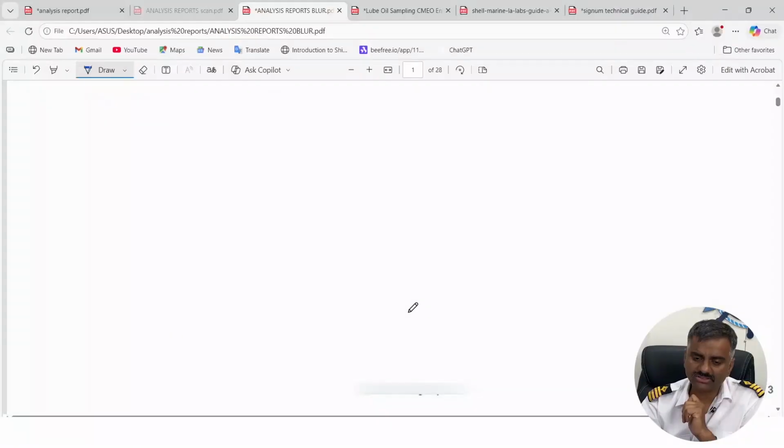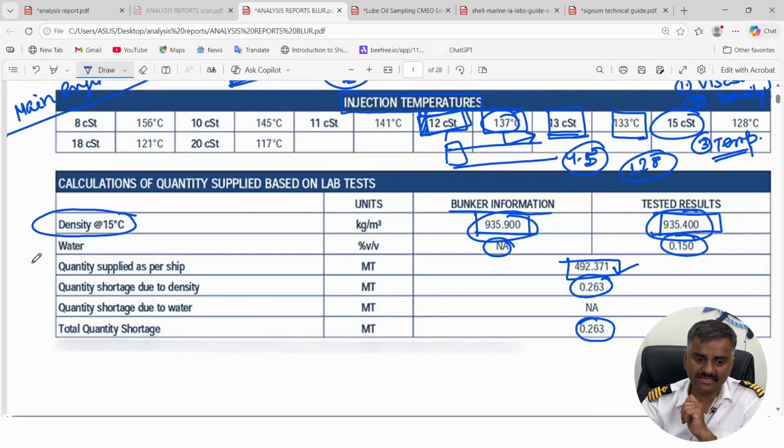On that basis, we will decide on the density. So there can be a difference in the oil quantity supplied versus the BDN quantity. Okay, so some of the companies have that process, that they will give a letter of protest to the bunker barge in that case.